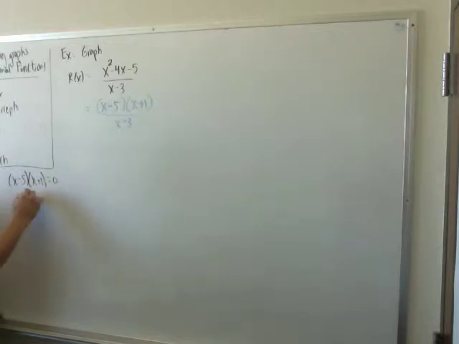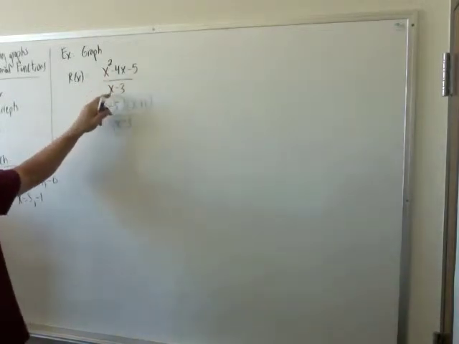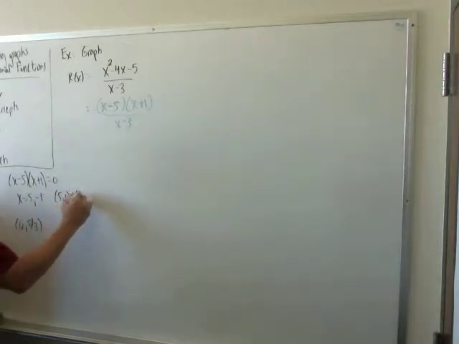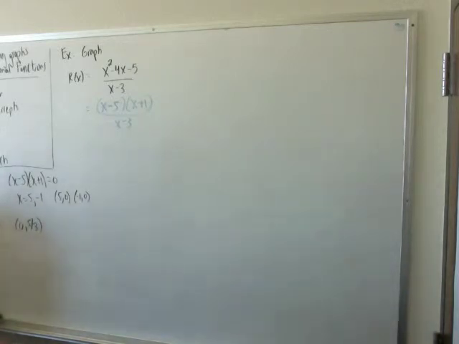This happens when x equals 5 or negative 1. What about my y-intercept? That's easier in the original function. Plug in 0 for x, and I get positive 5/3. So we have 3 points: 5, 0; negative 1, 0; and 0, 5/3. We've already got 3 points on my graph.